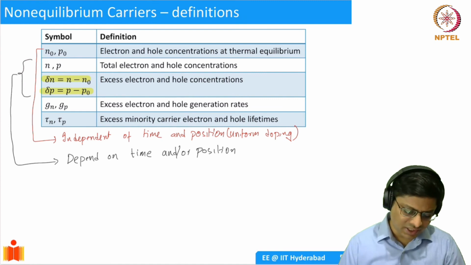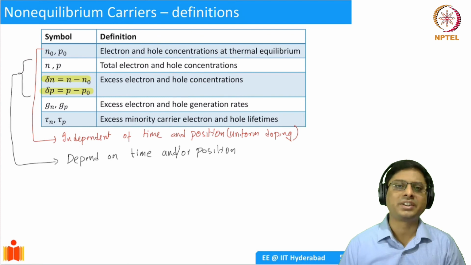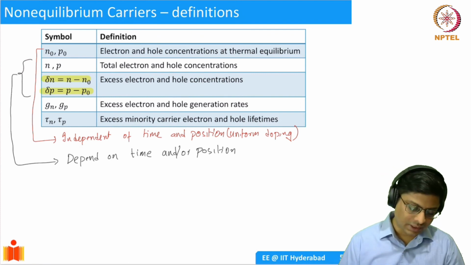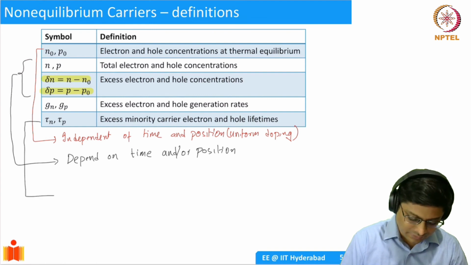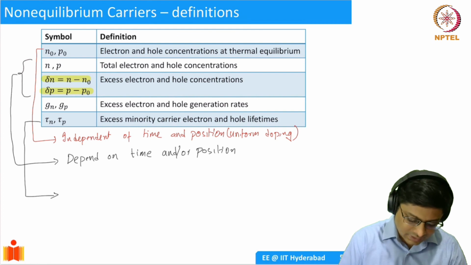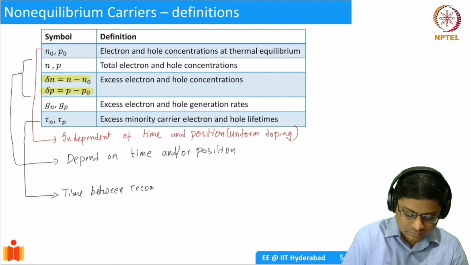Then there are Gn and Gp, which we call the excess electron and hole generation rates, meaning how many carriers are being created per second. The last important quantity I want you to pay attention to is the excess minority carrier lifetimes. This is essentially the time between recombination events.